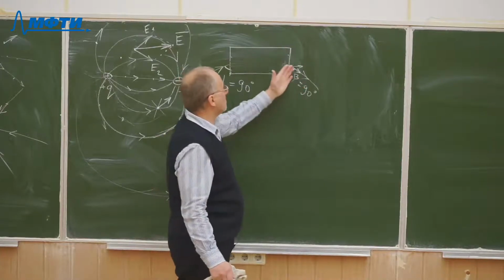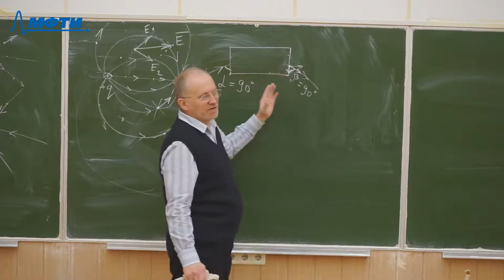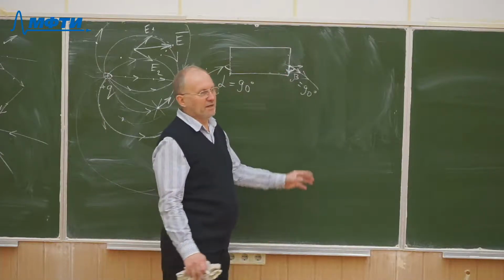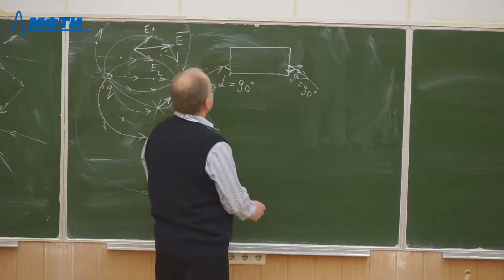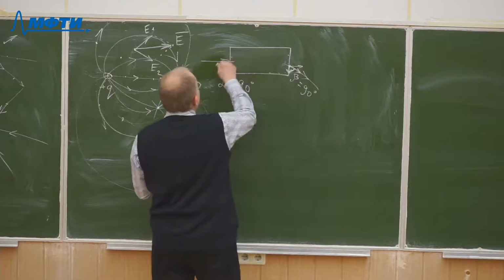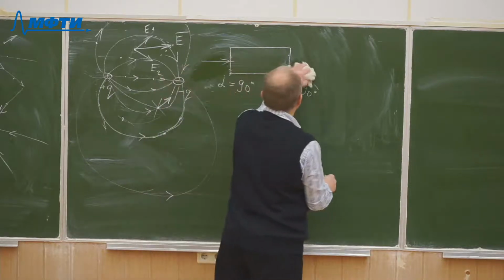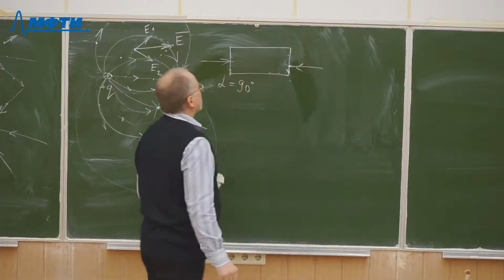No macroscopic motion of charges in electrostatics, because all charges by definition should be in static equilibrium. So in electrostatics, all the field lines are always perpendicular to the surface of a conductor.